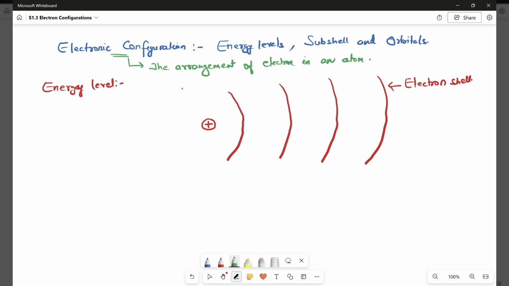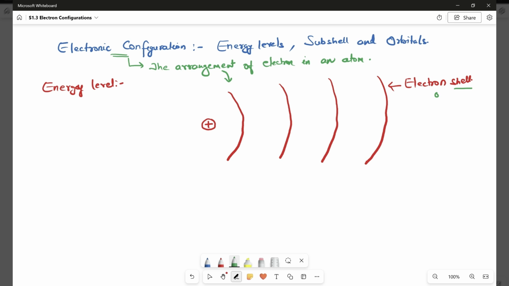That's called electronic configuration. So where are electrons arranged? They are found in these shells, also called electron shells. So the arrangement is always found in the shells.